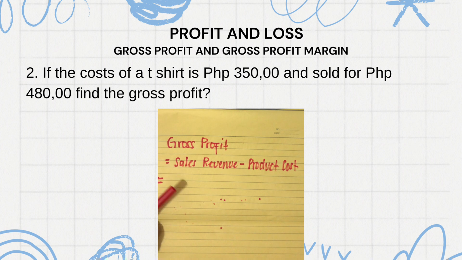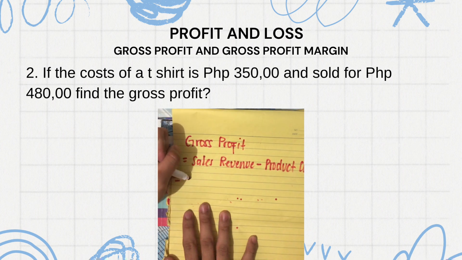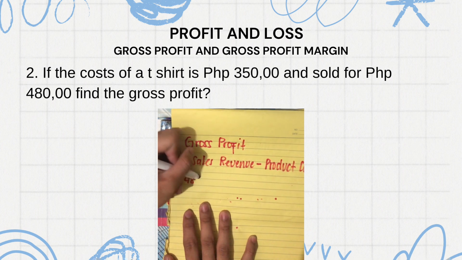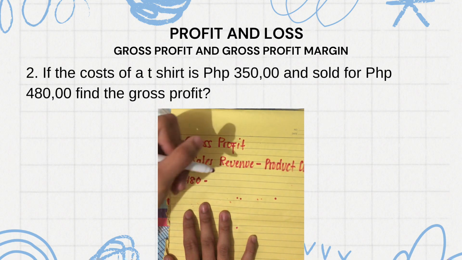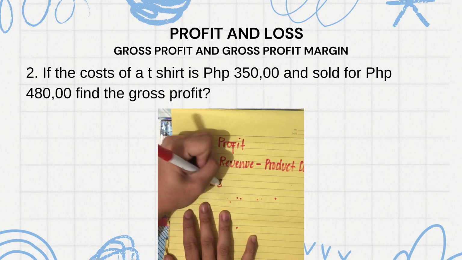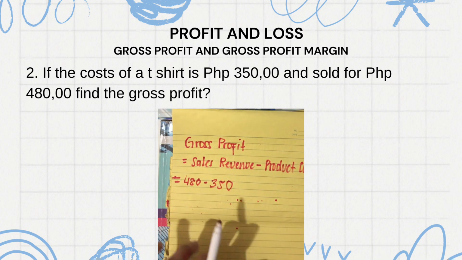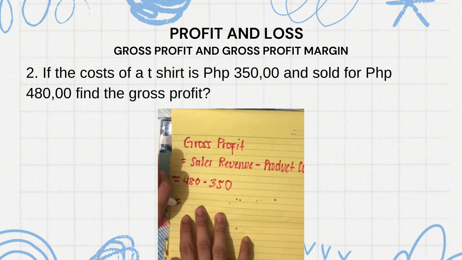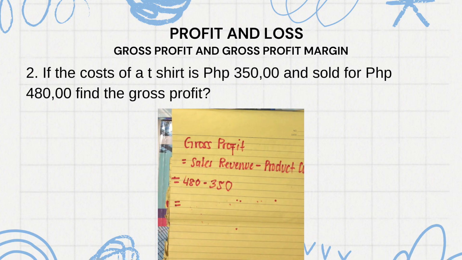So sales revenue is $480 minus $350. So 480 minus 350, subtract using the calculator.